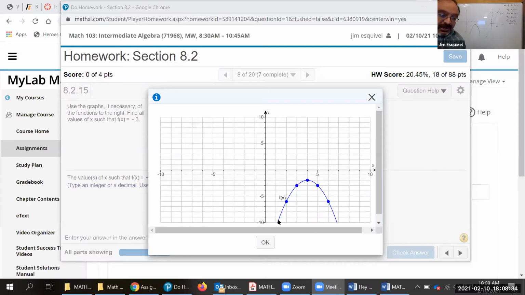You see this shape right here? This is called a parabola. This is one of the shapes we're going to learn how to graph.